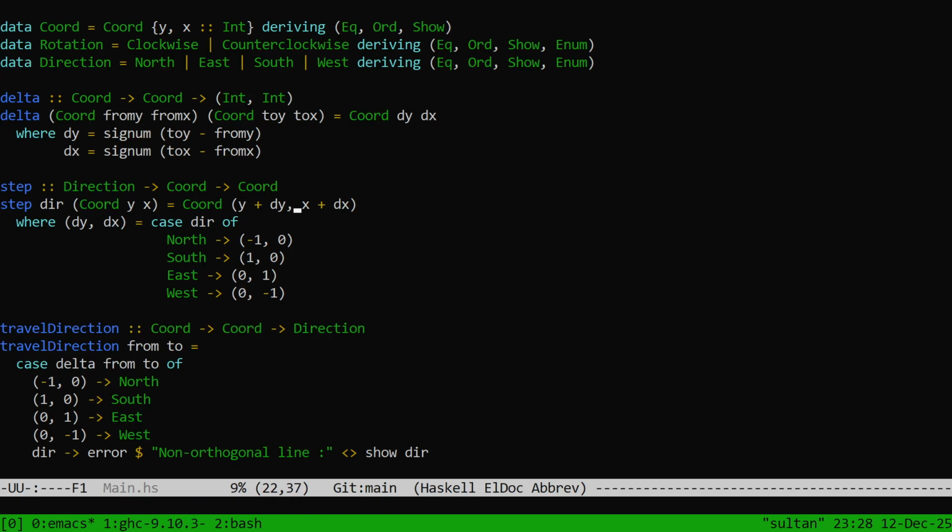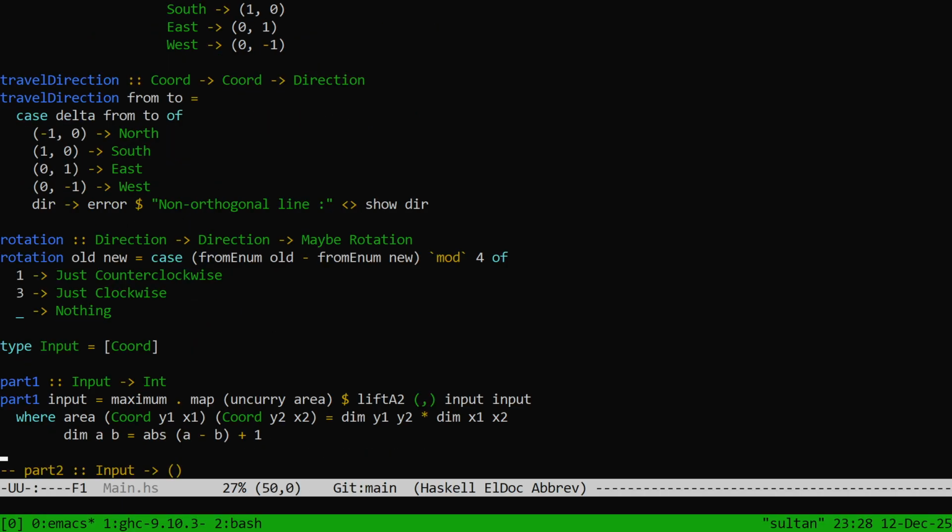This shouldn't be a tuple, it should be two expressions. All right. And now step dir is just the function I need to iterate.